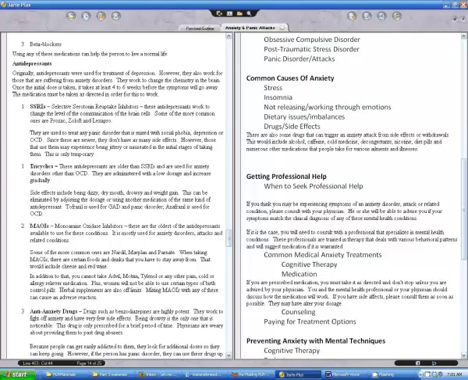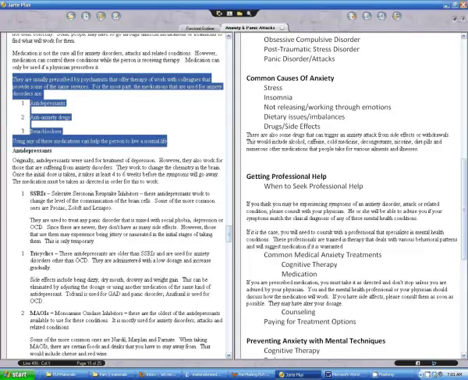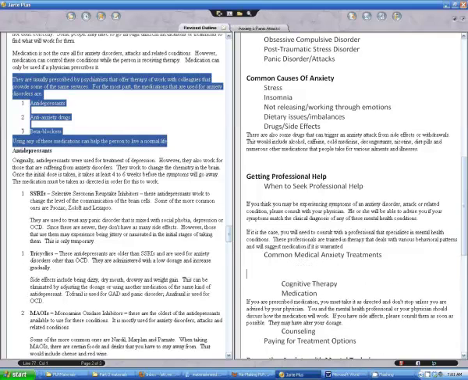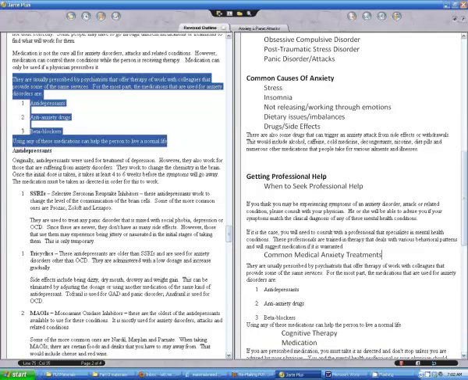Because the focus of this book is not about medication, I would suggest maybe using just the general overview and not going into detail. And again, that's a choice that you can make, but while I want to include this information, it's not necessarily something that I want to go into a lot of detail, because I really want to get on to the solutions that people can do for themselves.